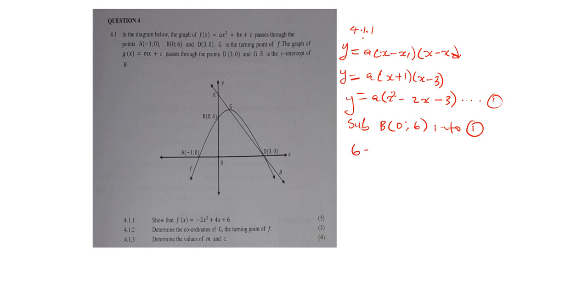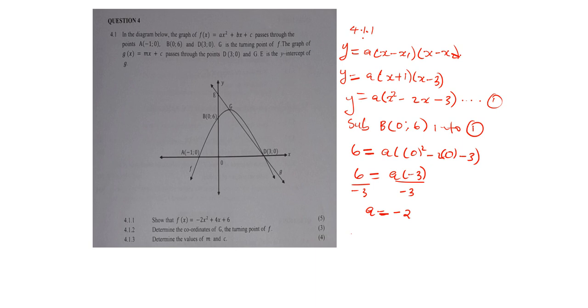So you'll remain with 6 equal to a into 0 squared minus 2 into 0 minus 3. Then you'll have 6 equal to a into negative 3. Then you quickly divide both sides by negative 3, wherein you will remain with a equal to negative 2. If you check, this value of a is in agreement with what we are dealing with.